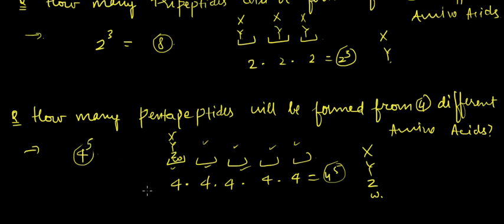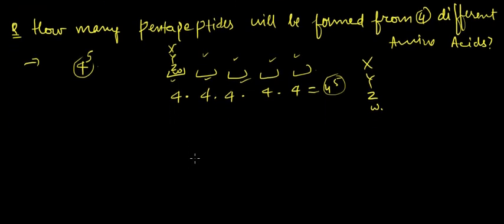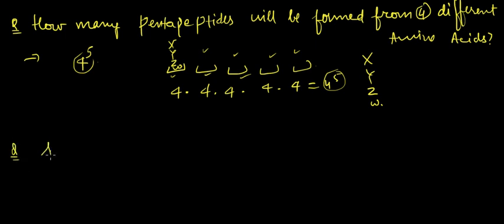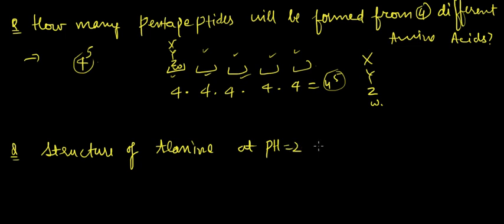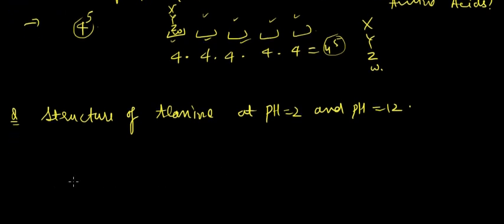Okay, so next question is what is the structure of alanine at pH 2 and pH 12. Obviously alanine would be something like this: CO2H here, NH2, H and CH3 here.